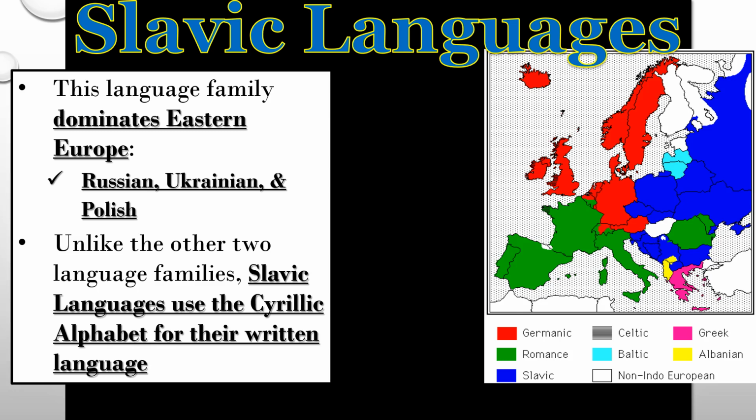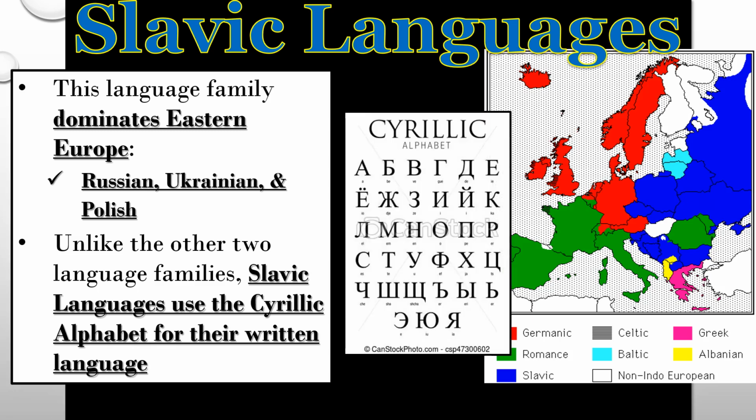And the last language family is the Slavic languages. Now I watch a lot of hockey, and I can see the PowerPoint says that the alphabet is different. That's totally true. When the players from Russia come onto the ice, I can't even read their names because I do not know the Cyrillic alphabet. So that's a big difference.